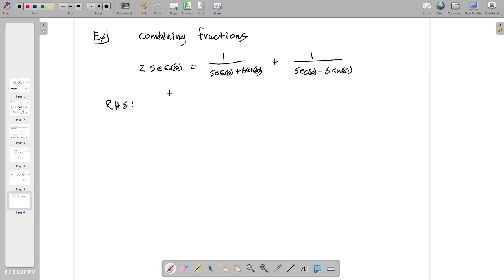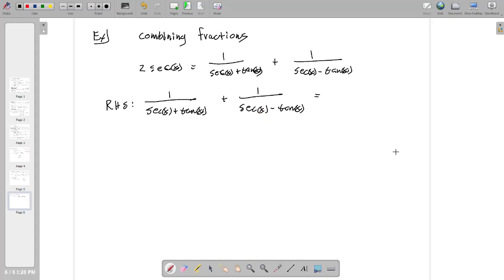Our right-hand side is 1 divided by secant x plus tangent x plus 1 divided by secant x minus tangent x. Now, first things first, I'm going to multiply top and bottom of each fraction by something that's missing in the denominator. Essentially what I mean is that we need to find a common denominator so that we can add these two fractions together.